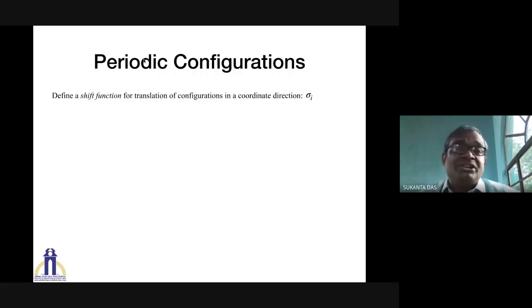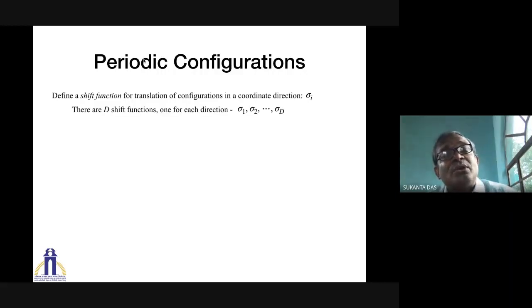It translates the configurations in a coordinate direction. We are considering D shift functions. Subscript I tells us the shift function in direction I. We have D dimensions, so D directions are there, so I have D shift functions: sigma 1, sigma 2, up to sigma D.